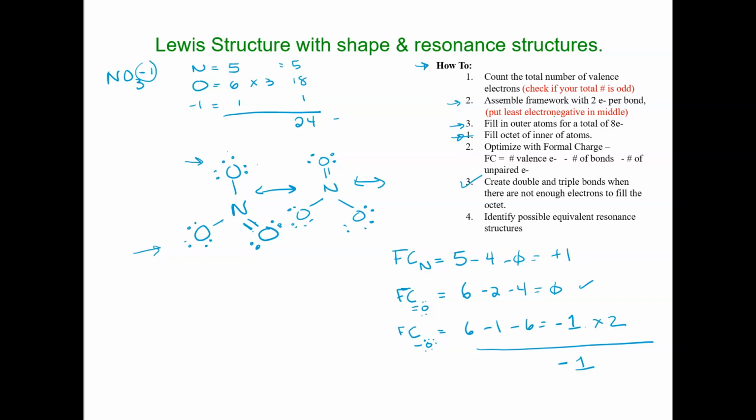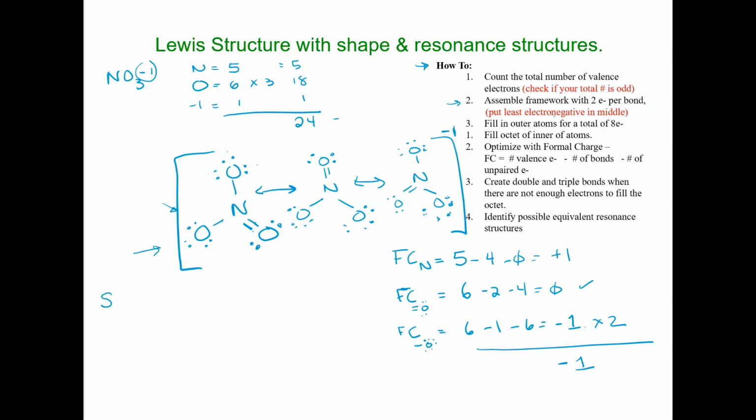And then we could have also chosen to put the double bond here, and that is another resonance structure. Because nitrate is an ion, we enclose it, and also because it has resonance structures, we enclose it in brackets, and then we put the charge on the outside.